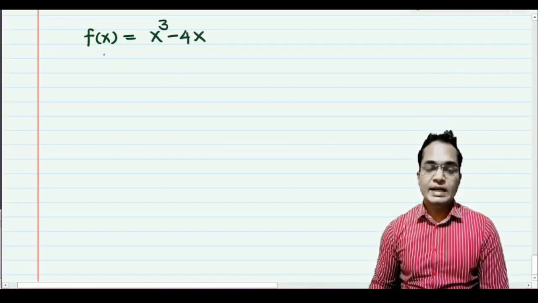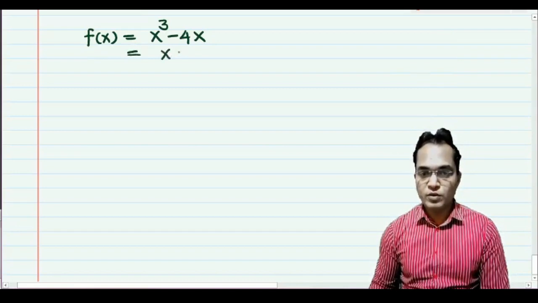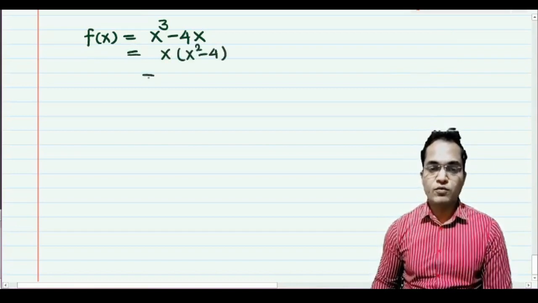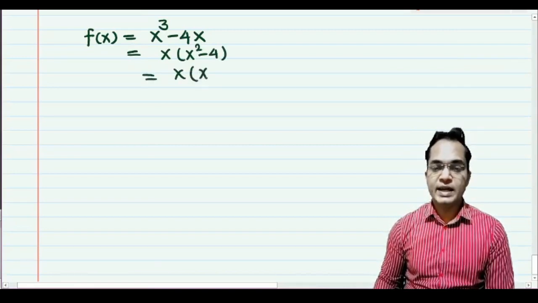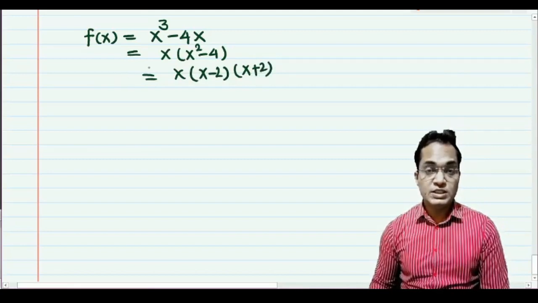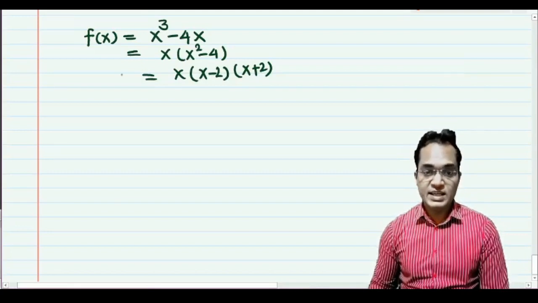Take the different values of x on the x-axis. For that, take x common, and it is x square minus 4. Now further factorize, it is (x minus 2) and (x plus 2). As we know, this is a cubic because its degree is 3.